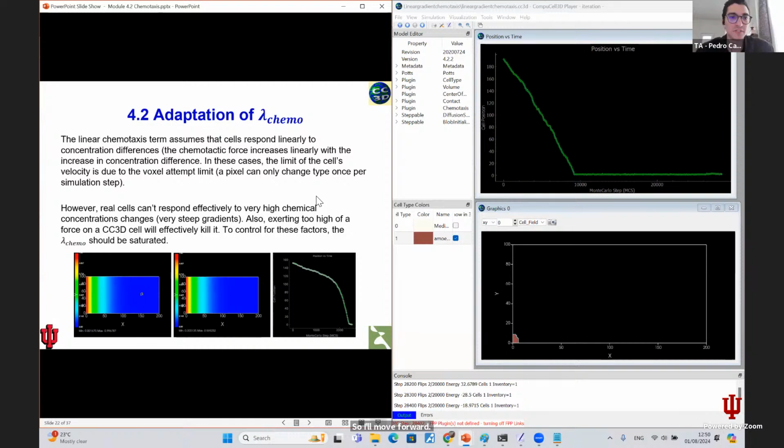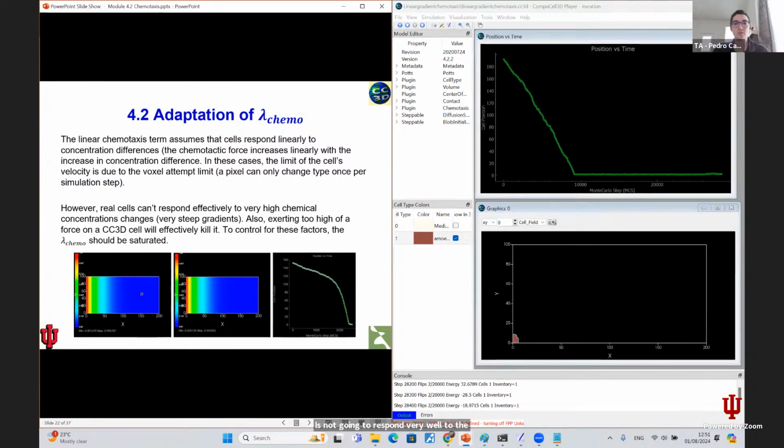Now we're going to talk about adaptation of the lambda chemotaxis. In general, the field profile is exponential because some cell is secreting something and that something is decaying somewhere. So the resulting signal of the field when it reaches the chemotaxing cell is an exponential profile. Our cell with the regular chemotaxis is not going to respond very well to the exponential field.